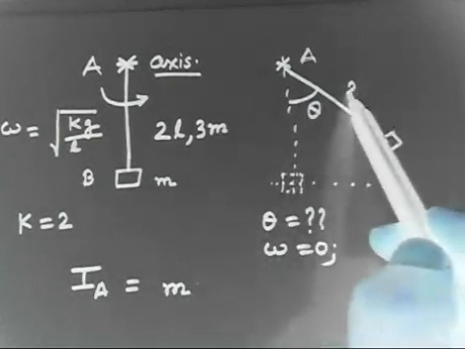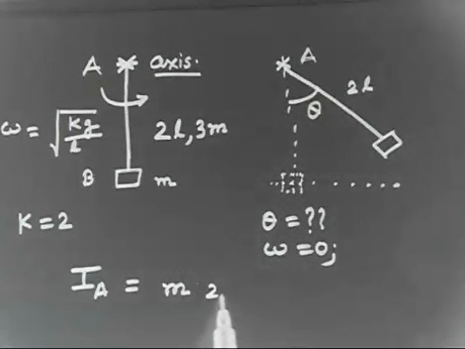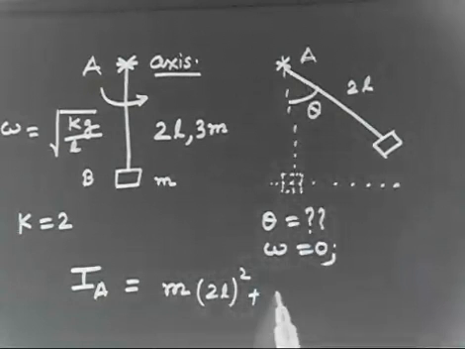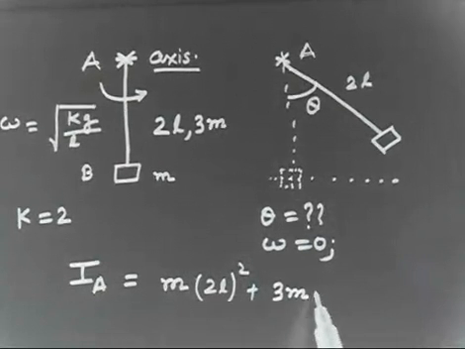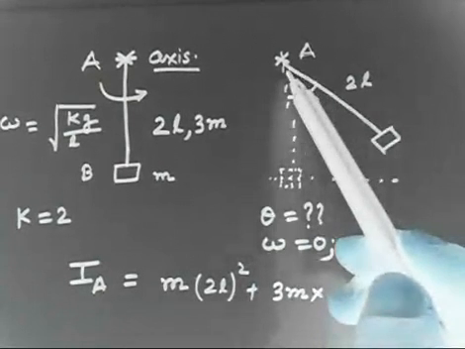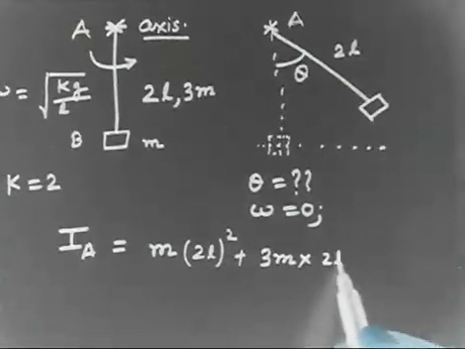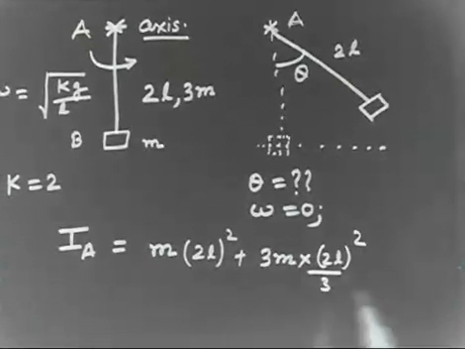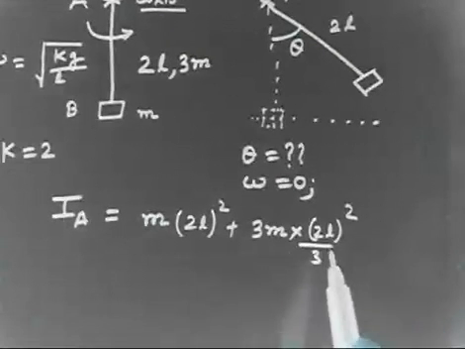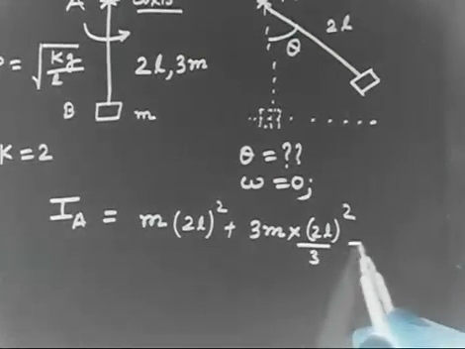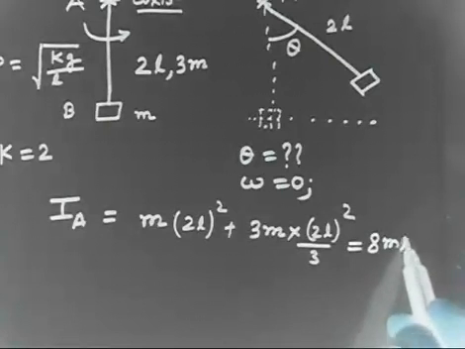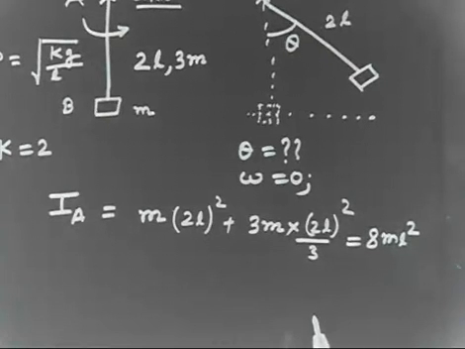This length is 2l, so m(2l) square, that is 4ml square, plus this rod, whose mass is 3m. Now I know about this axis, the moment of inertia of a rod is ML square by 3. So 3m, L is 2l, so 3m(2l) square by 3. The 3 cancels out, so we have 4ml square. So the total is 8ml square. This is the moment of inertia about A.